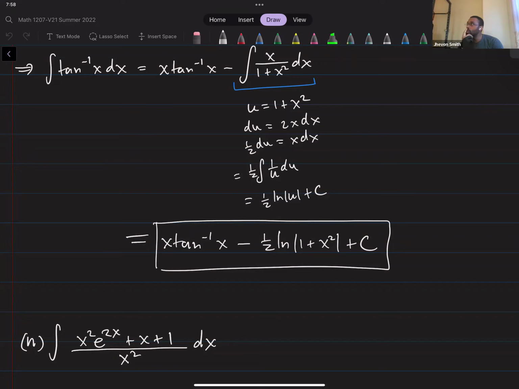So if u equals 2x, then all the other x's in there are going to become u over 2, and then there's going to be a half on the outside, right? If u equals 2x, then your x would be u over 2.